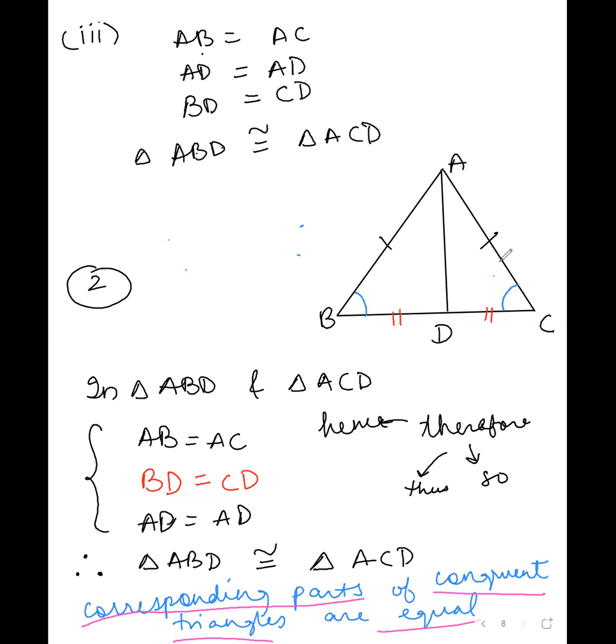Triangles have parts, no? Yes. What all parts do they have? Triangles are made up of sides, they have angles, they have vertices, right? They have three angles, three sides, three vertices. So all of these three things, angles, sides, vertices, they are called parts.